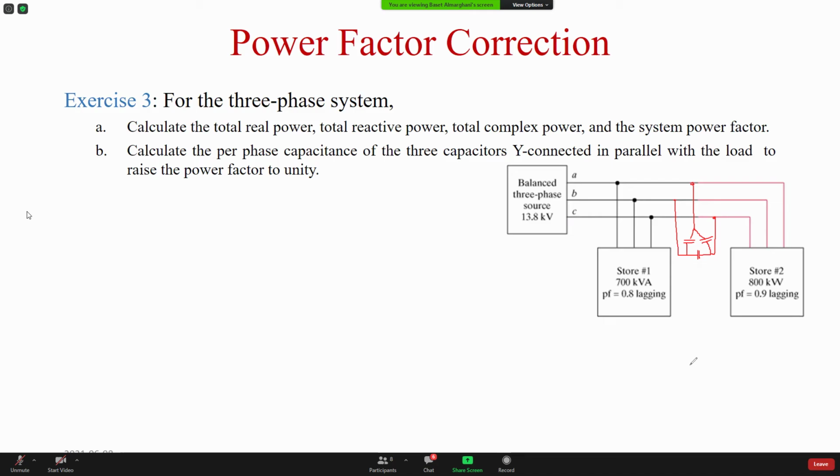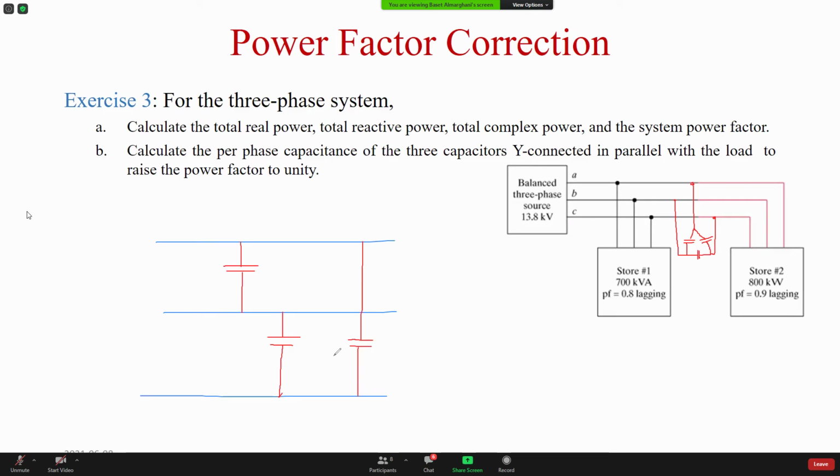Now, there is another way to connect the capacitors in delta. You can connect the capacitors like this. This is delta connection here. The reason, look at this capacitor.